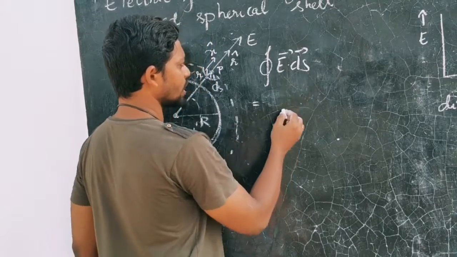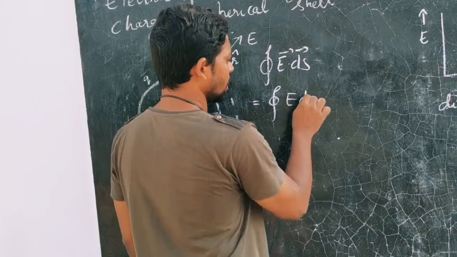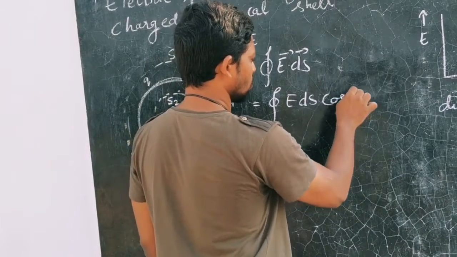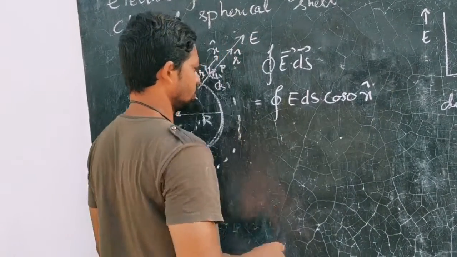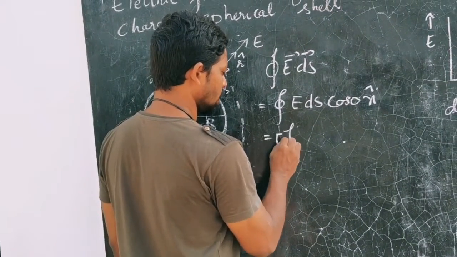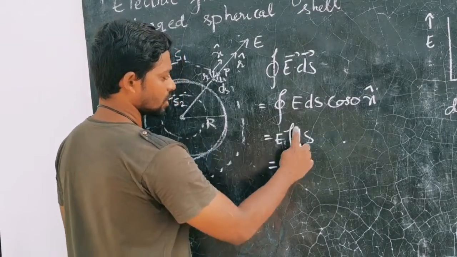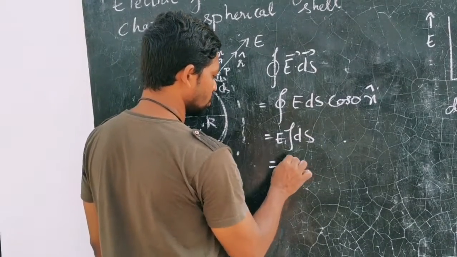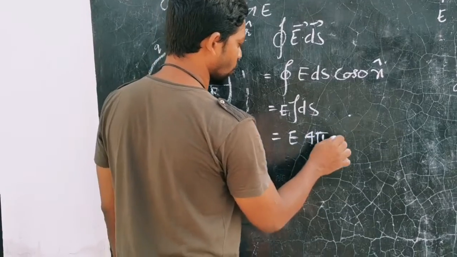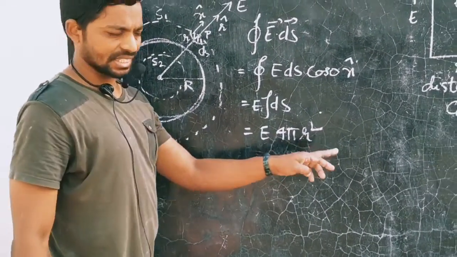Before that, what is the angle? E ds cos 0 n cap, so that is E ds. Integral ds value is E 4 pi r square, since the surface area of the sphere is 4 pi r square.